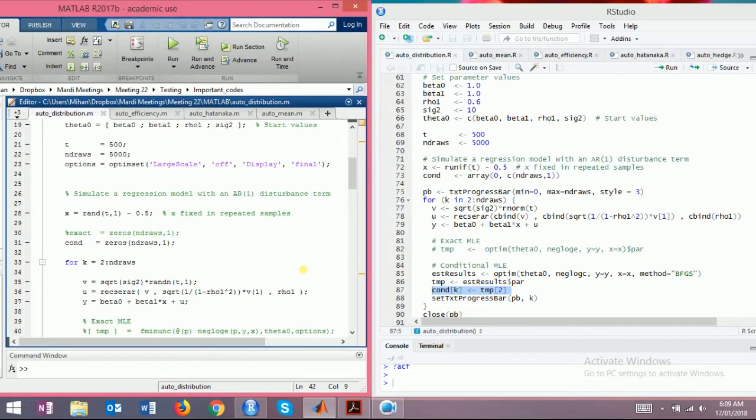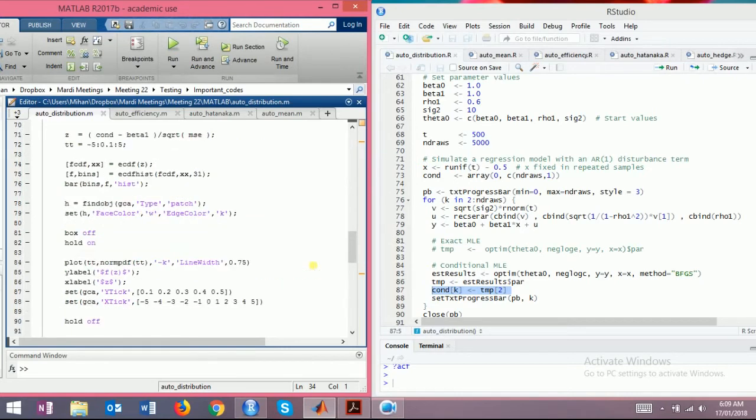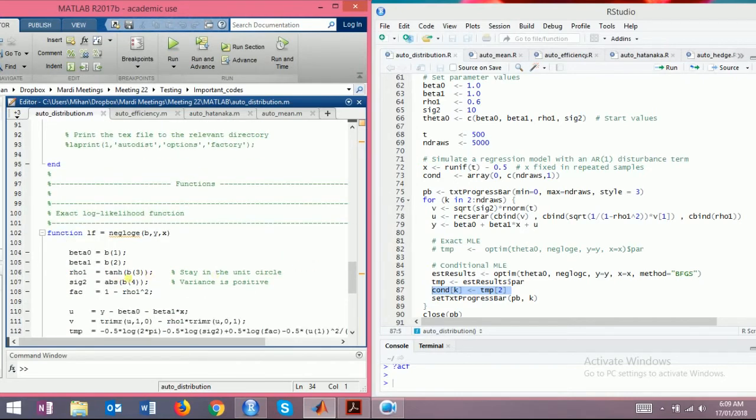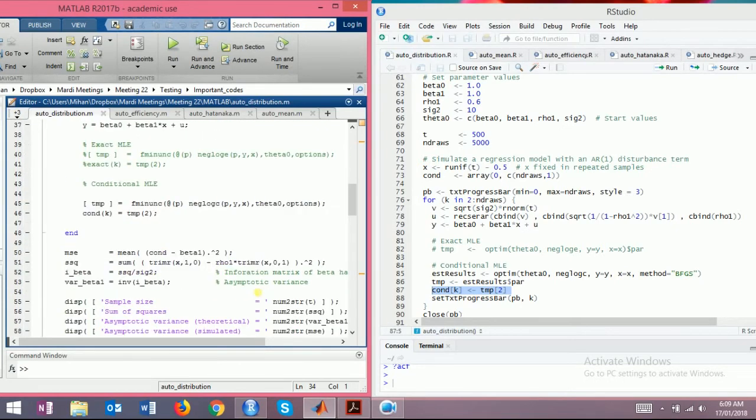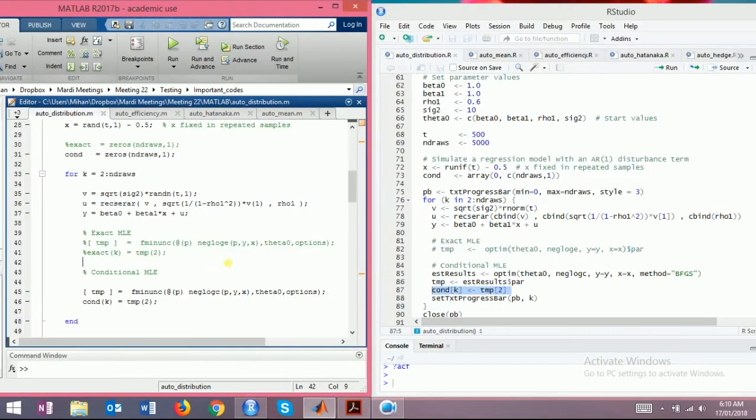In p, what we do, we have beta naught. Let's have a look into the function. Beta naught, beta 1, sigma square. Okay, we are estimating beta 1 here.